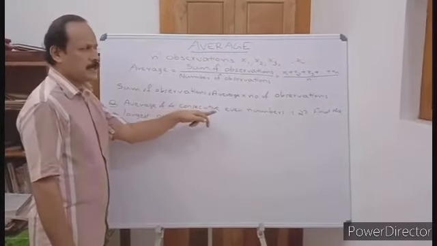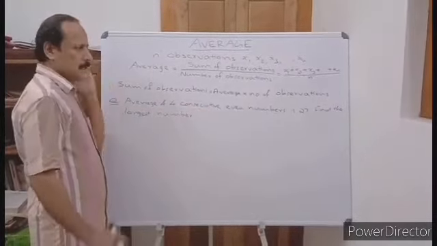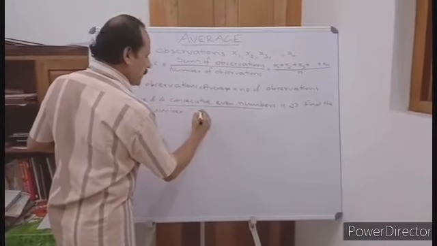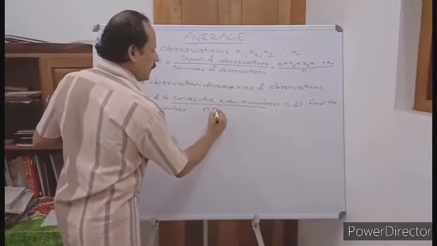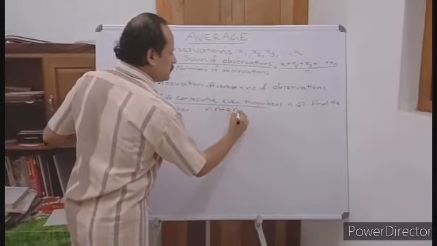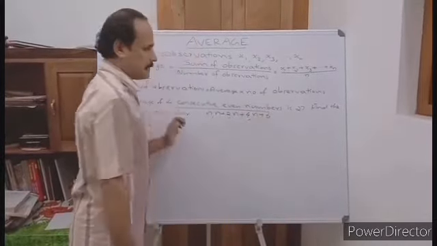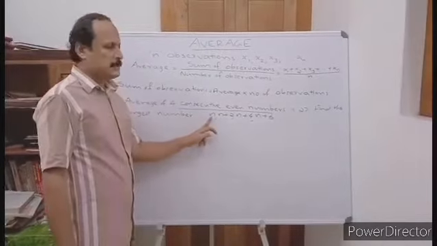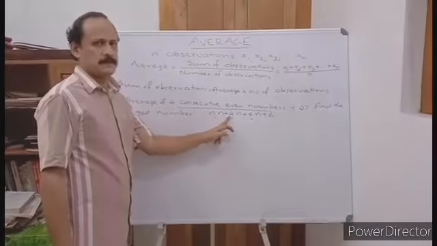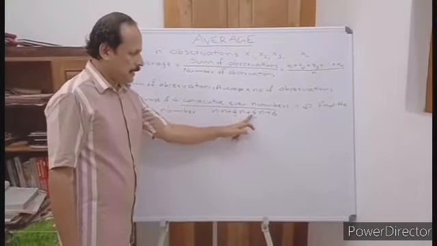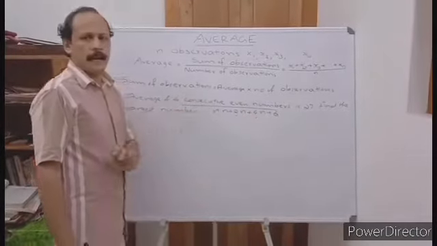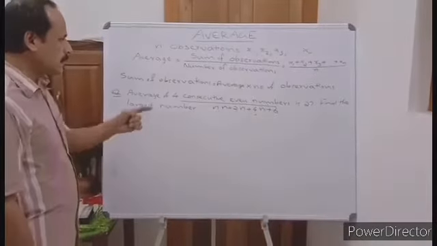Here it is given that the average of 4 consecutive even numbers is 27. They are consecutive even numbers, and you assume that the consecutive even numbers are n, n plus 2, n plus 4 and n plus 6. If n is the first even number, the next one is n plus 2, then n plus 4 and then n plus 6.